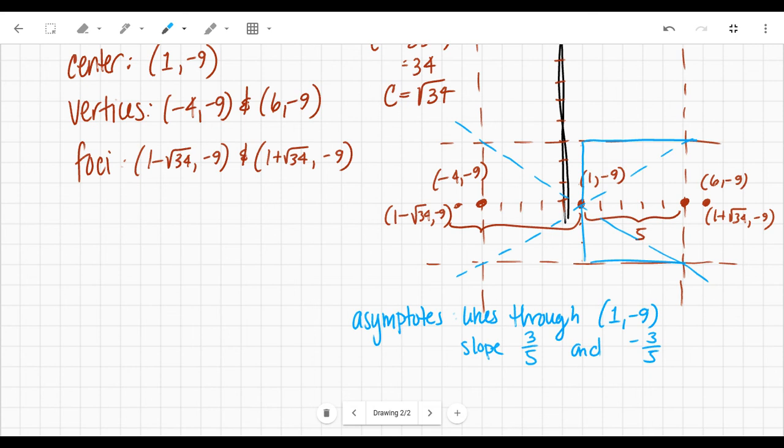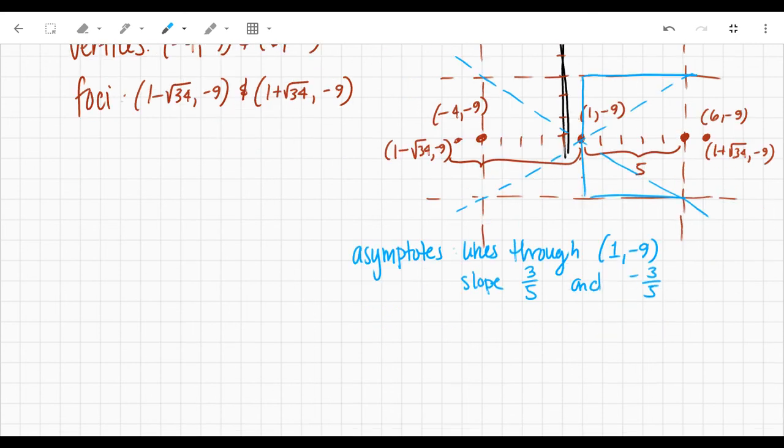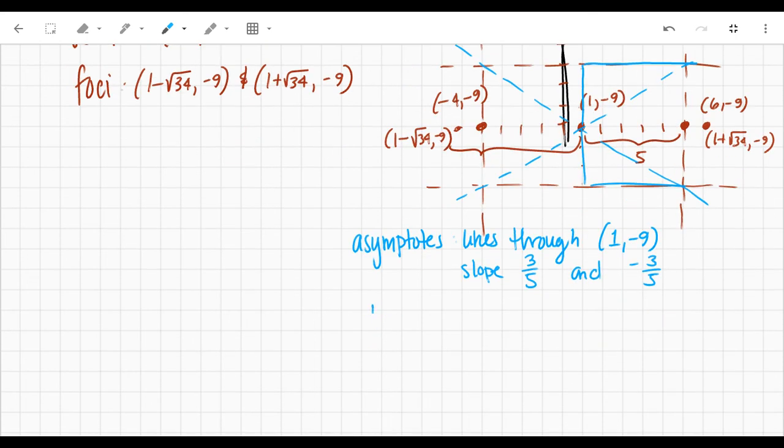Okay, so if you remember your point slope form of a line, we can do y minus -9 equals 3/5 x minus 1, and y minus -9 equals -3/5 x minus 1.